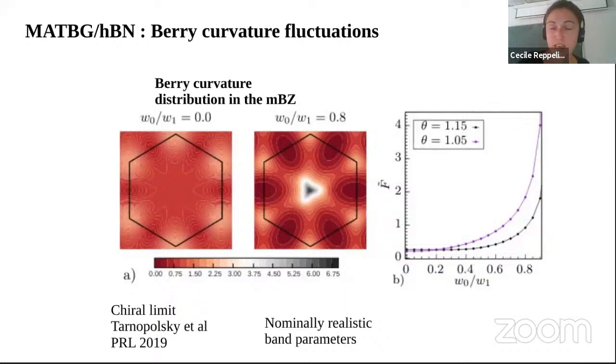This is something that's been known for a while about fractional Chern insulators, that they require relatively uniform Berry curvature fluctuations. So it's quite a good sign that even for the somewhat larger Berry curvature fluctuations in the realistic range, we still see a fractional Chern insulator state.